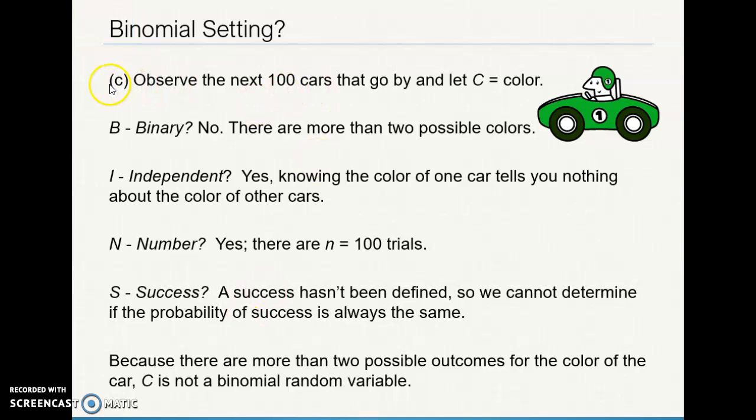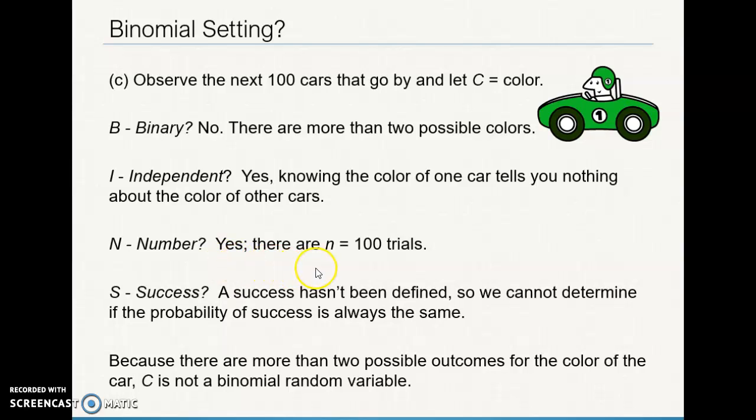Now, how about letter C? So we're observing the next 100 cars that go by, and C is equal to color. Is this binary? Well, no. There's more than 2 possible colors, so we can't say color yes or color no. So right then and there, we could say this is not a binomial setting, and you don't actually need to do the rest of them. It is independent, okay, because knowing one color does not tell you anything about the other colors.